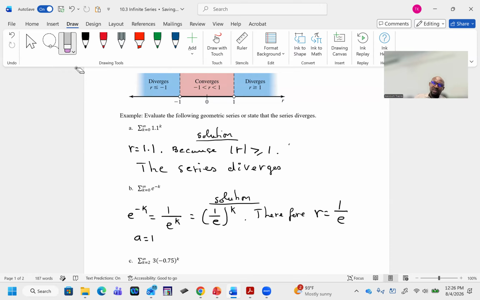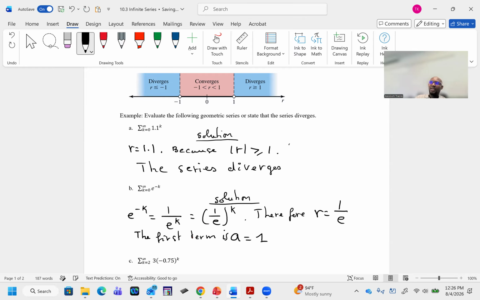Let me just write the first term. a is equal to 1, because when k is 0, any number to the power of 0 is 1 except 0 itself, right?